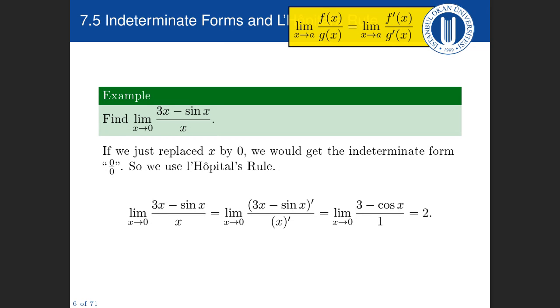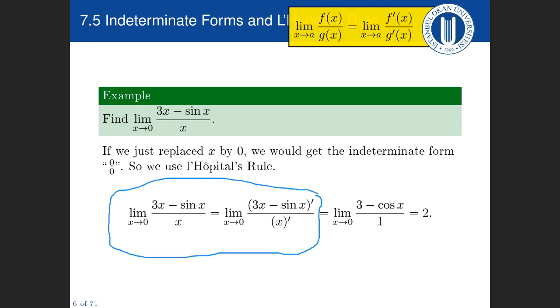So let me just repeat that. As long as we're satisfying the conditions of L'Hopital's rule, when we want to calculate a limit which would otherwise give us 0 divided by 0, we're allowed to differentiate the function on the top and differentiate the function on the bottom, and the limit will be unchanged.